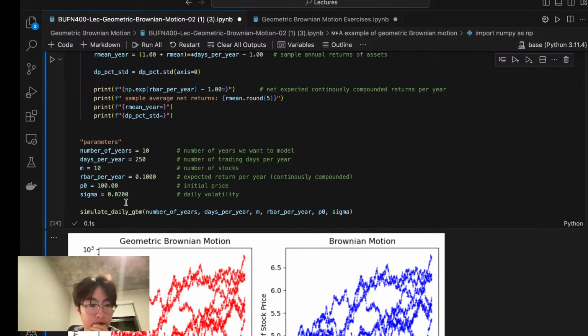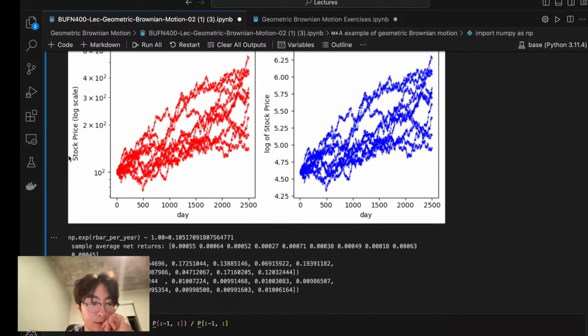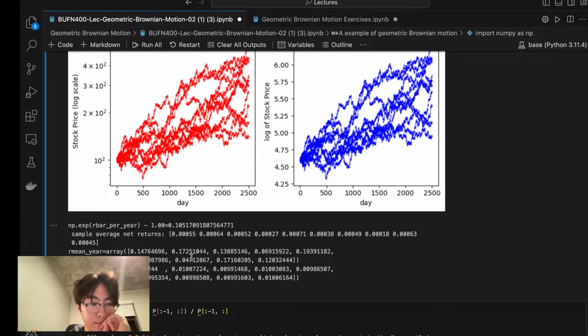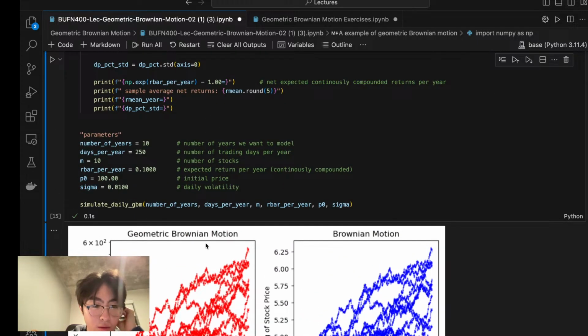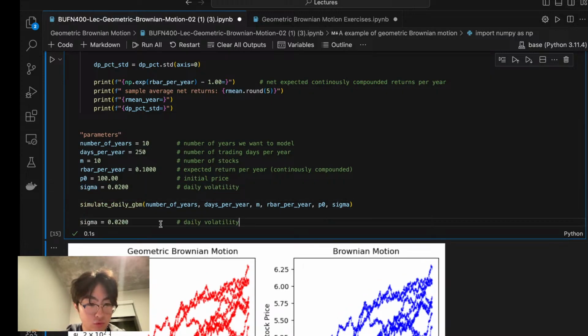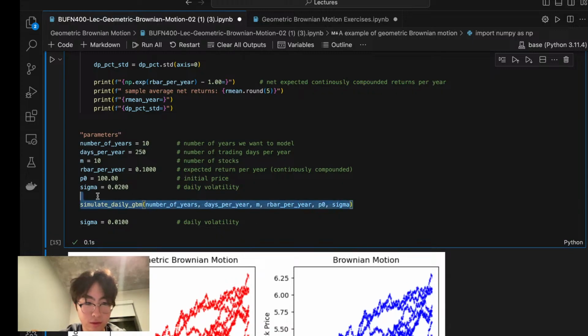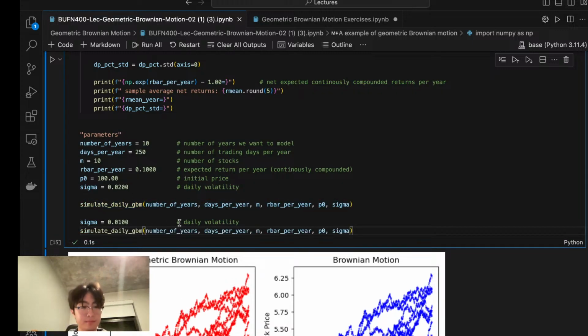All right, and let's now do the first problem where we have a low sigma. So let's test out what happens with P1. Okay. And we can see our means are actually approaching. Okay, so let's call this function again.